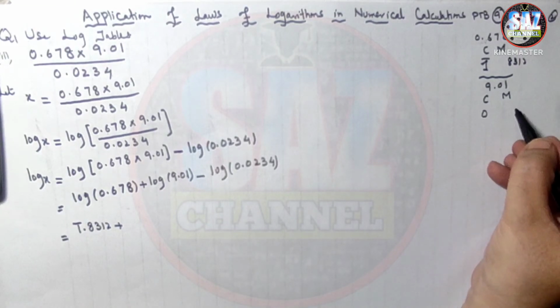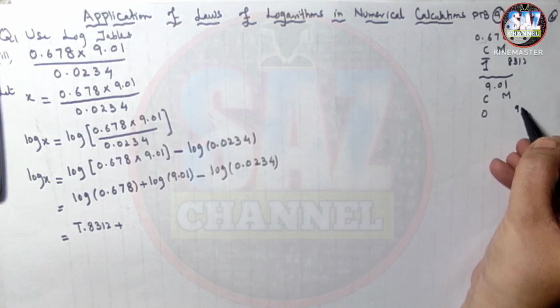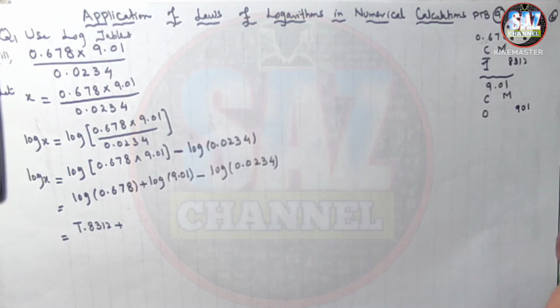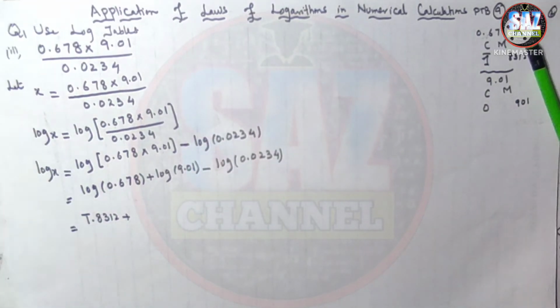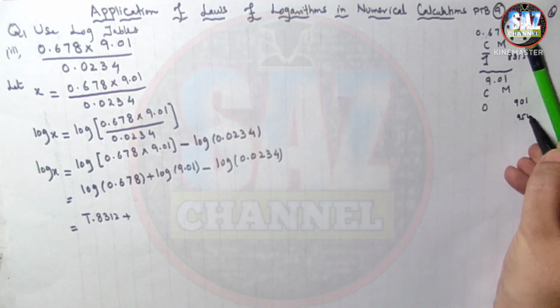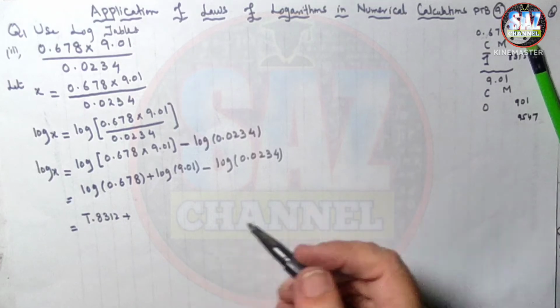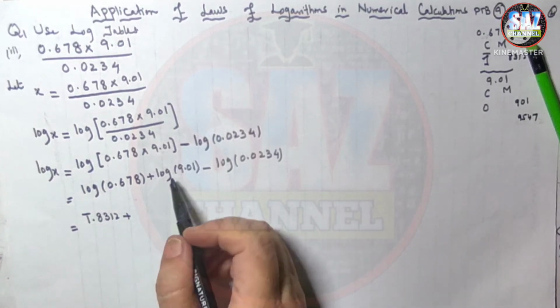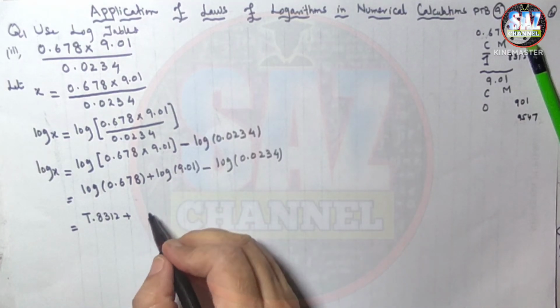For the mantissa we make 4 significant figures and locate 90 in the column of 1, which gives me 9547. So the log of 9.01 will be 0.9547.